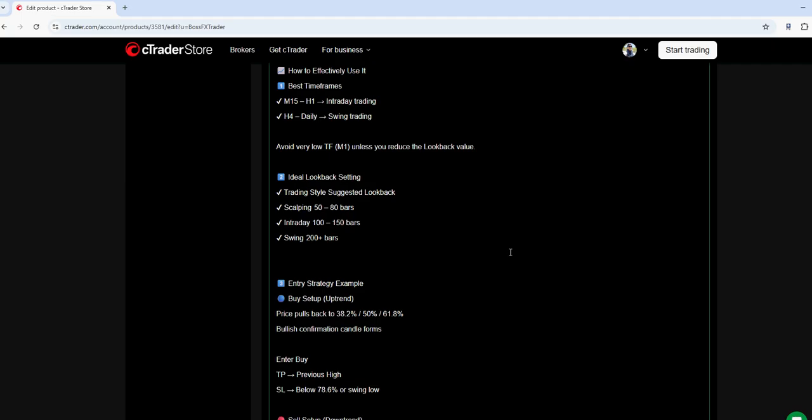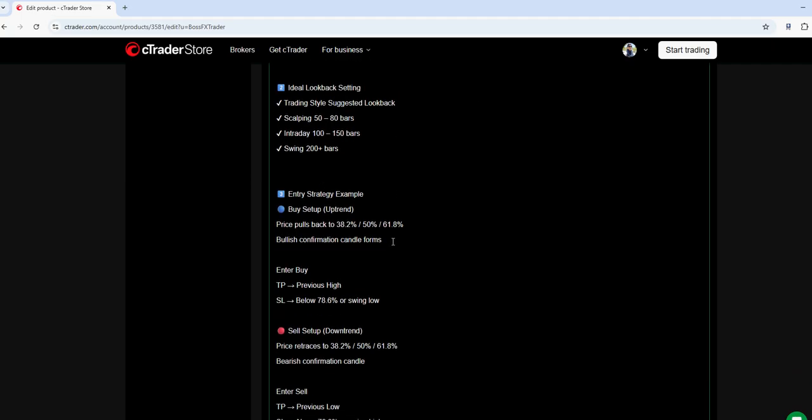Based on our study, the suggested lookback for scalping is 50 to 80 bars, for intraday it's 100 to 150 bars, and for swing trading, 200 plus bars.